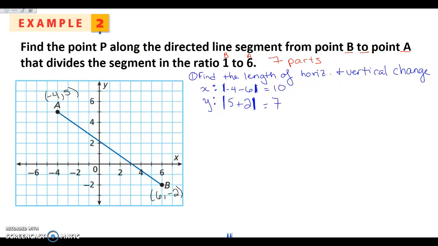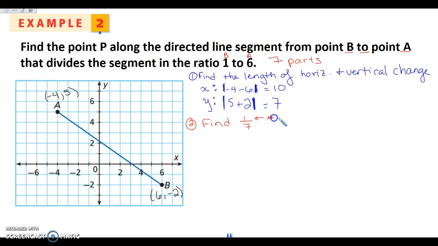All right. The next thing that I'm going to do for step 2 is to find out how far I need to move from point B to be in a ratio of 1 to 6. So my portion of my segment that I'm moving, from B, I am moving one part out of the total 7 parts.